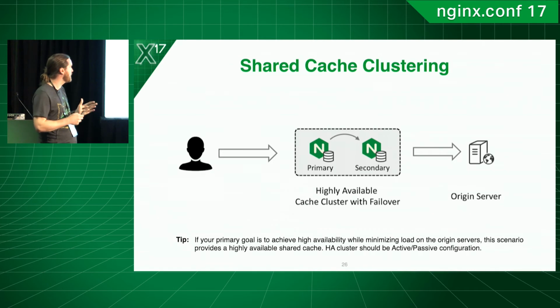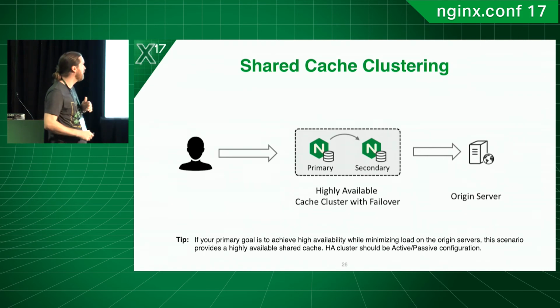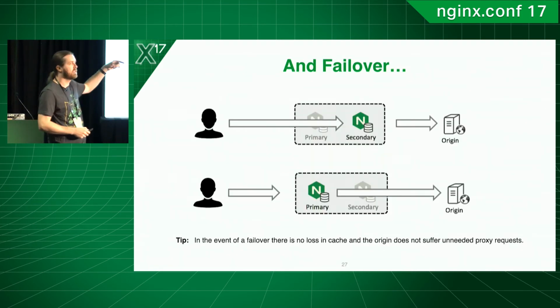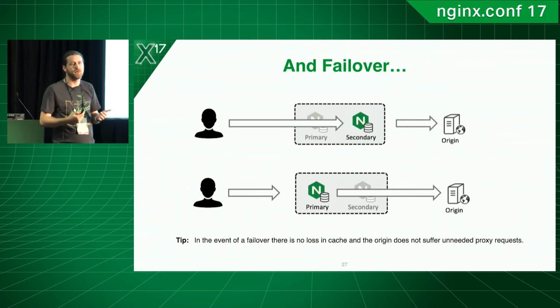This allows NGINX to replicate that cache and have the same cache response on each of those. And in the case that one of those does go down, it can instantly call the next server, and it's already going to have that cache response. So you don't have a loss in actual cache responses, right? It's 100% availability unless both of them go down, which I would hope doesn't happen.